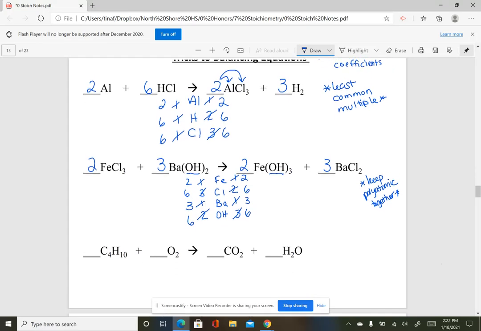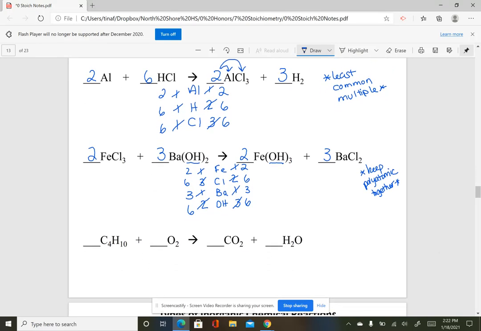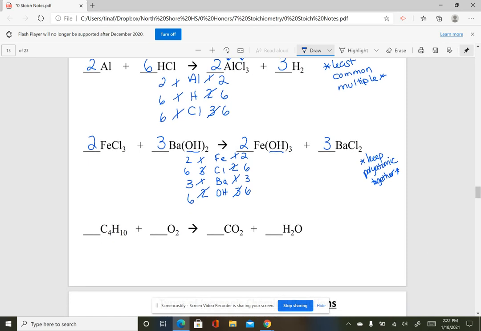The last type of reaction that's kind of difficult to balance is one like this, where I go through here and I say, okay, I have a C, an H, and an O. Those are my elements. I have 4, 10, and 2. And on this side, I have 1, 2. Now, here's the problem.